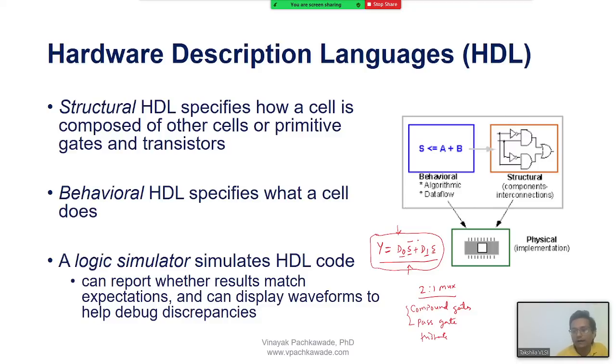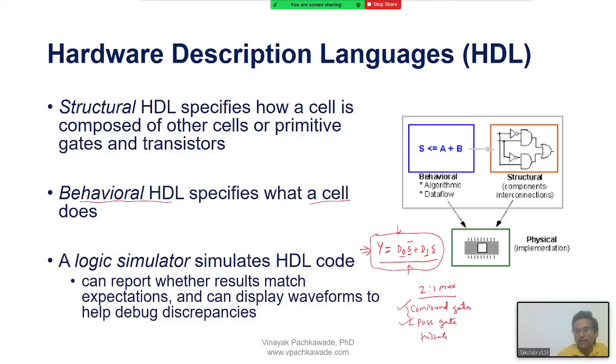I don't care how this logic will be implemented, whether using compound gate or pass gate. I will let the tool decide it for me. When I write a code to just implement this behavior, that is called behavioral HDL.